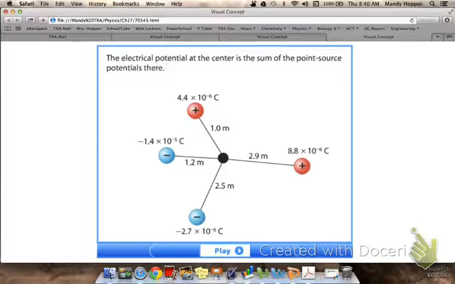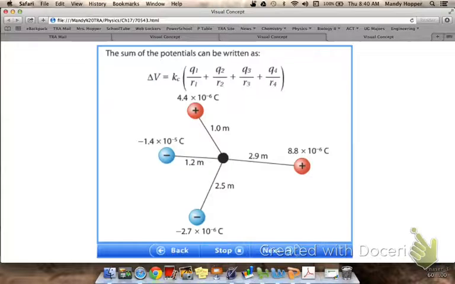The strength of the charges, their polarity, and their distances from the point in the middle completely determine the electric potential at that point. This is because, in contrast to a vector quantity, electric potential is a scalar quantity and has no direction associated with it. Calculating the electric potential at a particular point is simply a matter of finding a scalar sum.